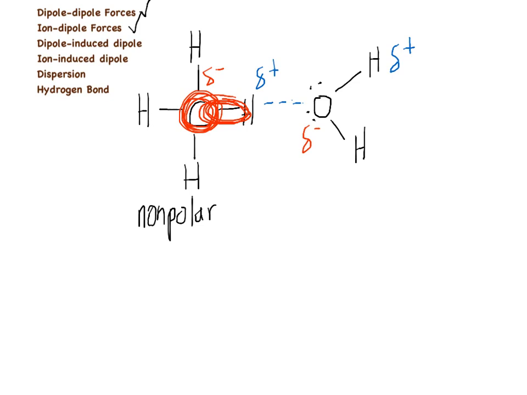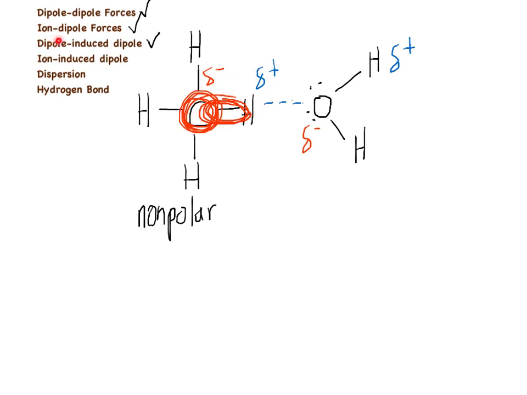Okay, so that's another intermolecular force out of the way. Now we have to talk about ion-induced dipole. The one we just did was when a polar molecule came next to a non-polar molecule, and due to the dipole moment of the polar molecule, it induced a dipole moment in the non-polar molecule.